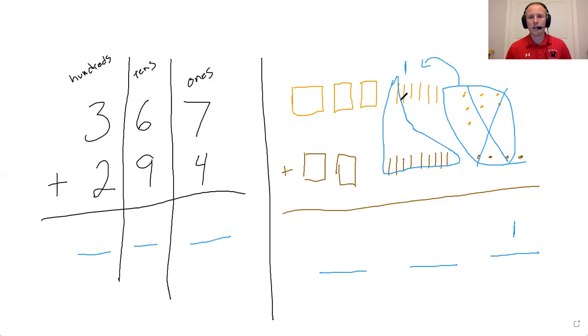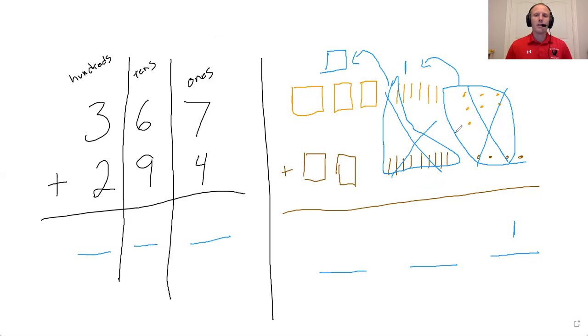That's 10 tens. 10 tens we know is 100, so we're going to trade those in for a flat. And again, we've moved them, so we'll X them out here.